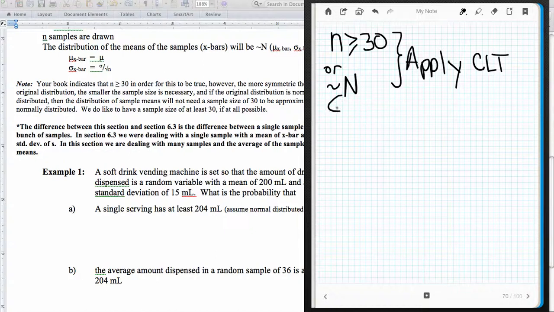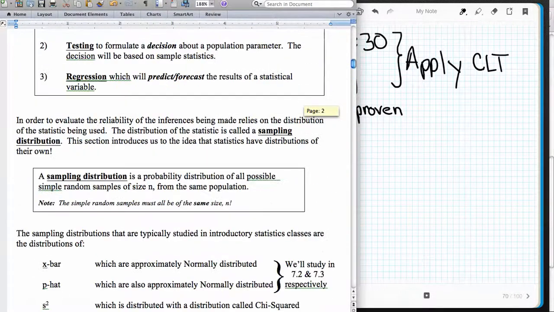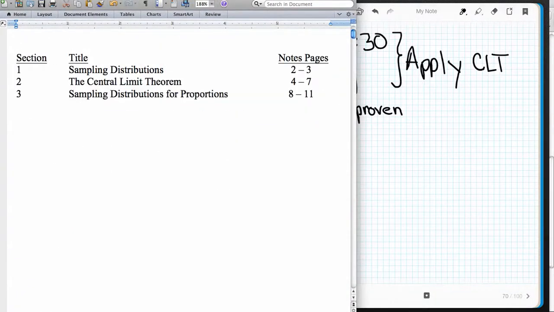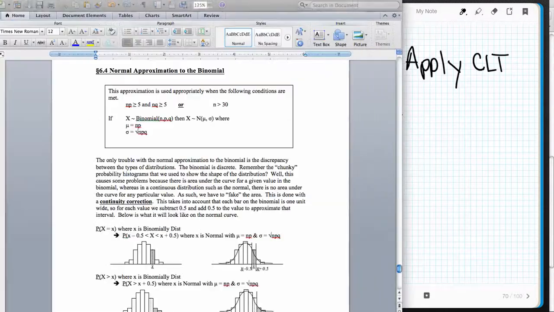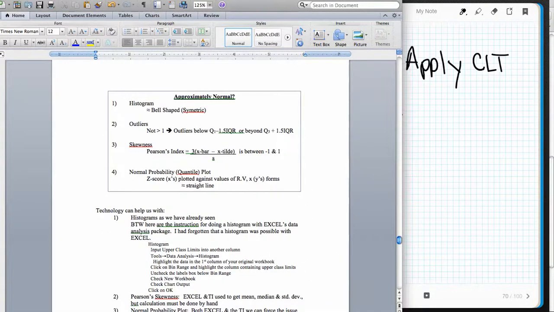Now this approximately normally distributed, this can be shown or proven using the techniques that are mentioned in my notes at the end of chapter 6. So at the conclusion of section 6.3, where it was talking about if something is approximately normal or not.